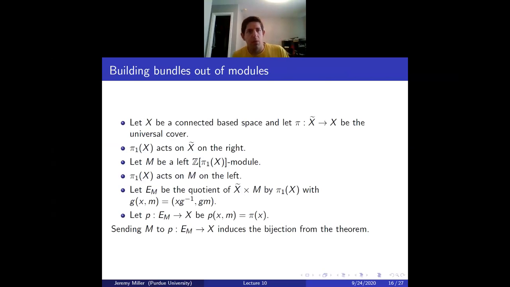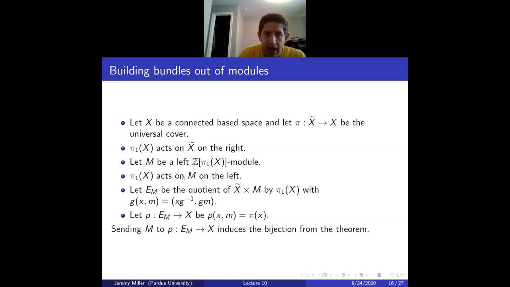Okay. So I want to build a bundle out of a module. X will be a connected base space, and X tilde will be the universal cover. Remember that pi1 acts on the universal cover. I think I decided that it acts on the right, but I'm not a precise enough person. If you think I flipped left and right everywhere, I'll believe you. And we'll let M be a Z of pi1 module.